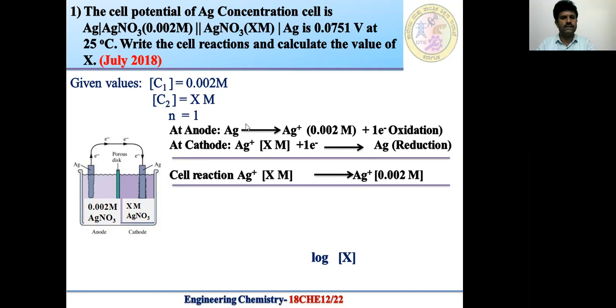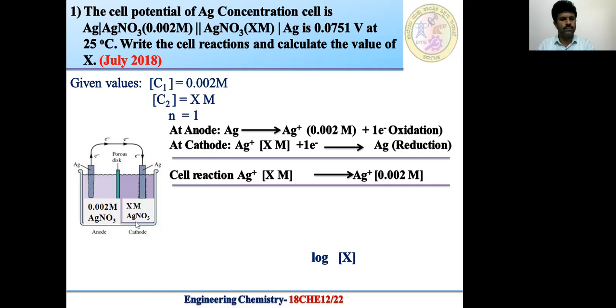First, let's write the electrode and cell reactions. As we know, at the anode, oxidation of silver takes place. Ag undergoes oxidation and releases Ag+ ions in the electrolyte of 0.002 molar AgNO3, releasing 1 electron. That is the oxidation reaction.